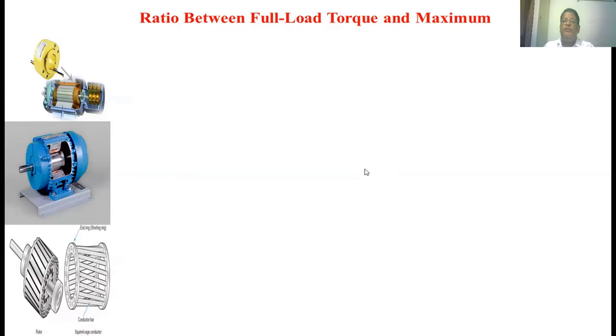Next, the ratio between the full load torque to the maximum torque. We know the general expression of the torque developed for an induction motor. In that, if you take the slip corresponding to full load, that is S suffix FL, the resultant expression is nothing but the full load torque. So the full load torque T FL equal to K into SFL into E2 square R2 divided by R2 square plus SFL X2 whole square.